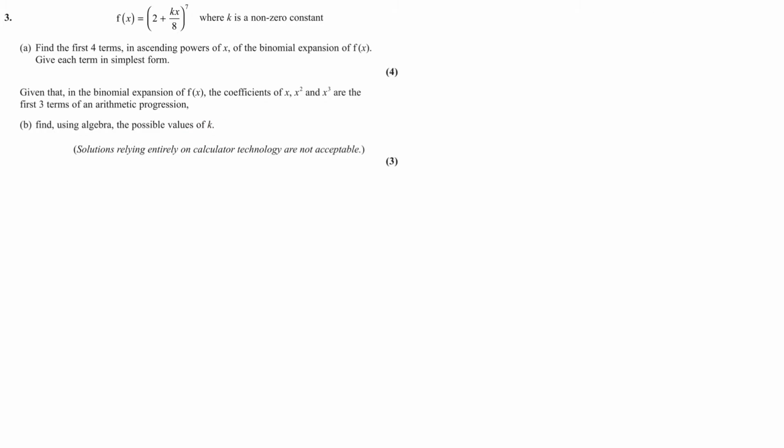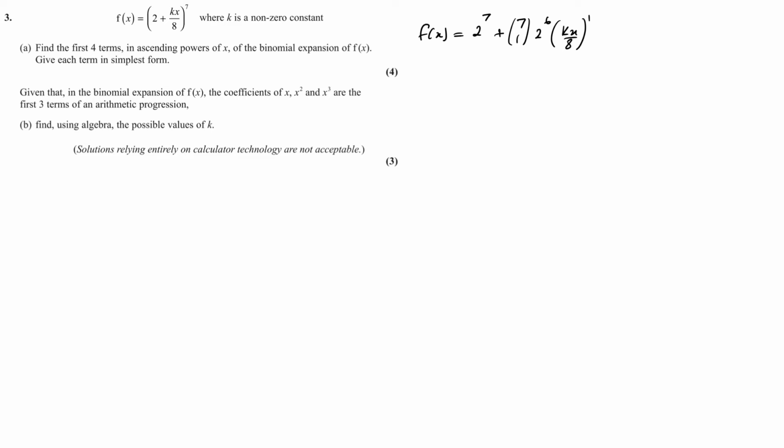So we've got a binomial expansion. Find the first 4 terms in ascending powers. So f of x, so 2 to the power 7, that'll be all there is in the first one. Then we've got our 7C1 for our nCr, 2 to the power 6, and then kx over 8, which would be to the power 1.